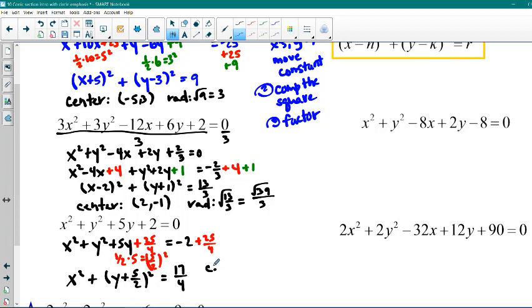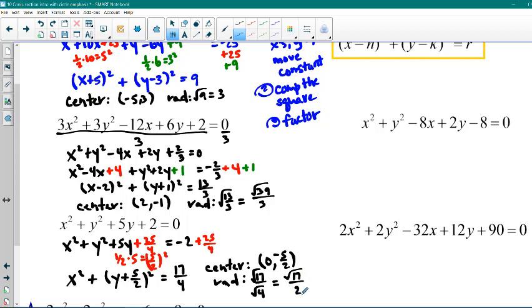So for the center, it may seem a little strange because there's no h with our x, but what's the only h that could be added or subtracted to x and not be written? It's 0. So we have a center at 0, negative 5 halves, and a radius of the square root of 17 over 4. Sorry, my square root wasn't big enough, so I'm going to just put a separate one down there, which is the square root of 17 over 2.